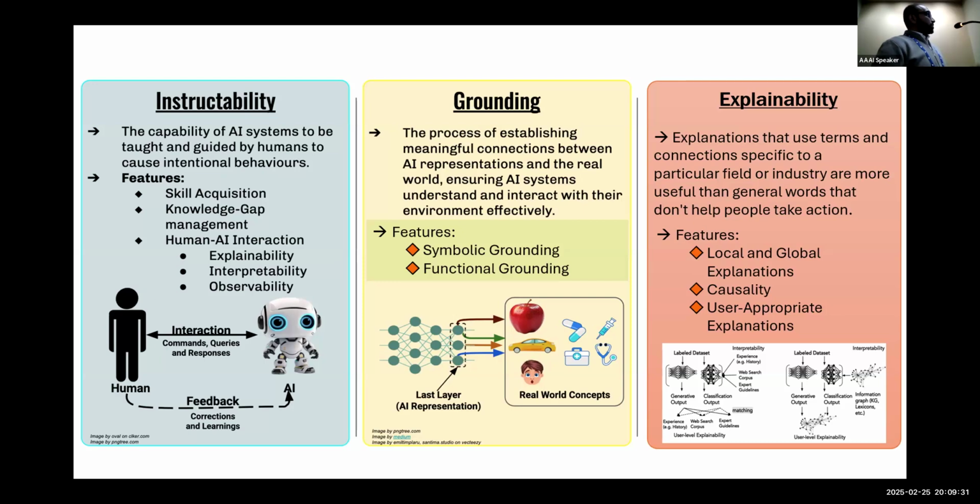The grounding part we want to look into is mostly about symbolic grounding and functional grounding, where we ask: can I ground this information using a knowledge graph and a knowledge base? A very simple example used back in the old days of machine learning was k-nearest neighbors. I know that this information has nearest similar samples.